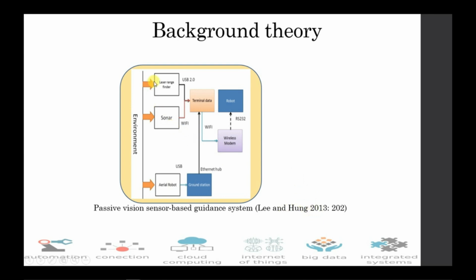They used 3 sensors: a laser rangefinder, sonar sensors, and an aerial robot. These sensors provide input data, and the output is utilized by the ground station. The hardware is the robot, which connects to the ground station. The station commands the robot to move based on the feedback information it gets from the 3 sensors.